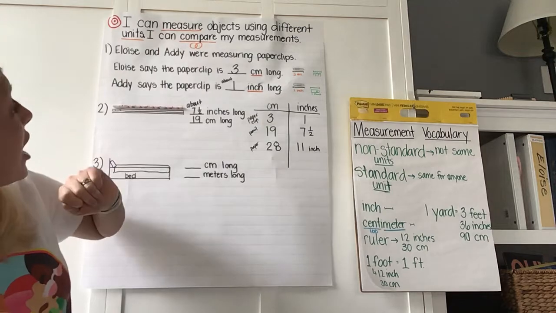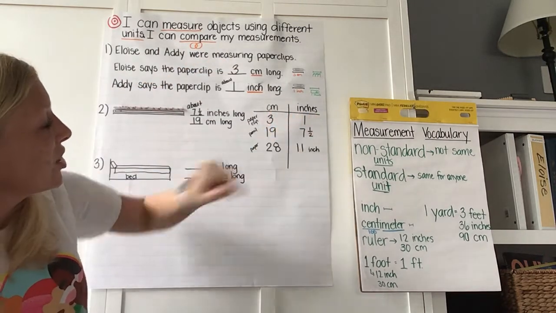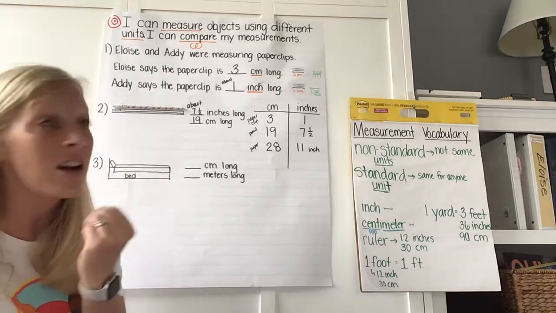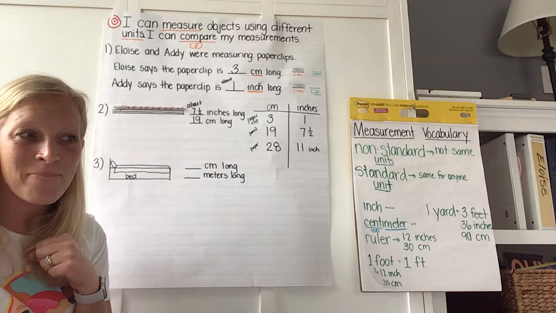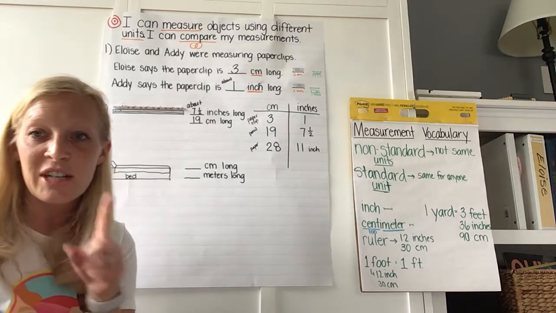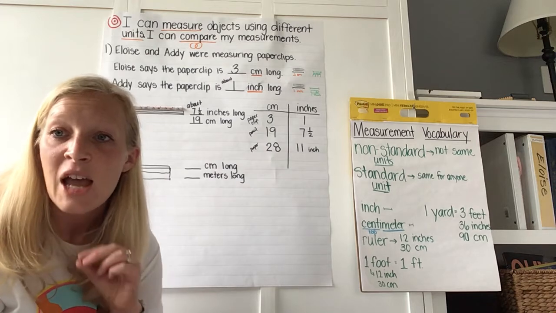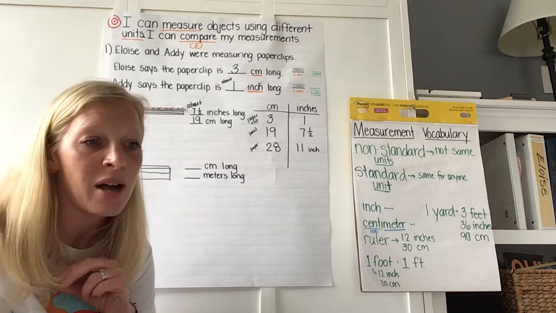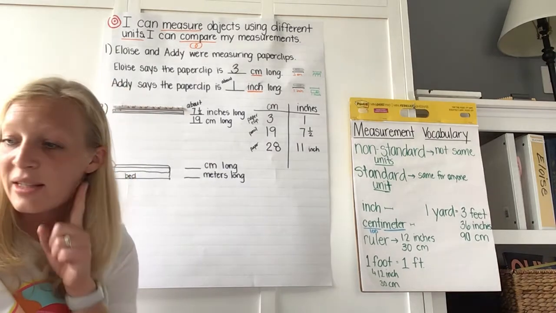Did we measure these objects using different units? We sure did. Inches and centimeters for 3 different objects. Did we compare those measurements? And what did we find? I want you to take just a minute. I want you to turn and tell a neighbor, a friend, a mom, a dad, a grandma, what did we notice as we were measuring using these different units?